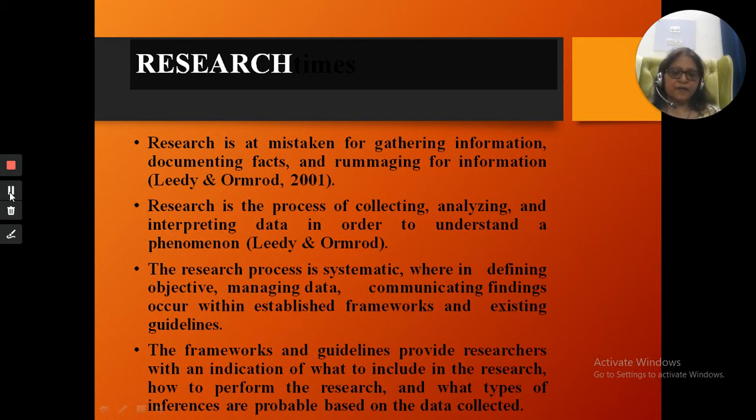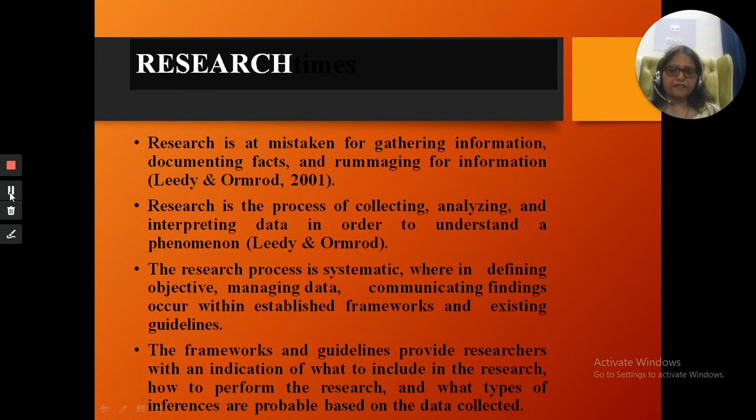Research is systematic, wherein defining objectives, managing data, and communicating findings occur within established frameworks and existing guidelines. The frameworks and guidelines provide researchers with an indication of what to include in the research, how to perform the research, and what types of inferences are probable based on the data collected.